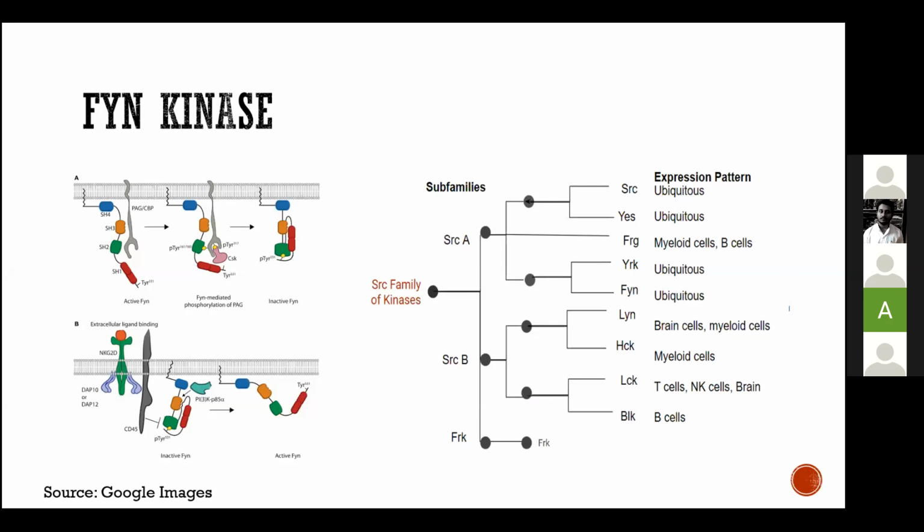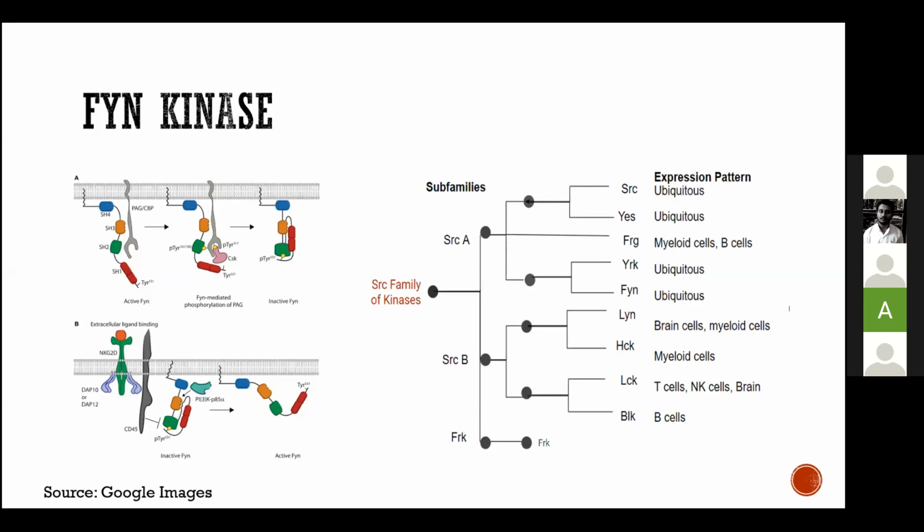So this picture is basically to show you how an active Fyn and an inactive Fyn look, and why we are interested in knowing what an active or an inactive Fyn looks like. That you'll get to know in subsequent slides.